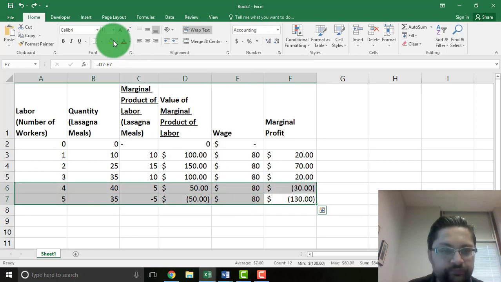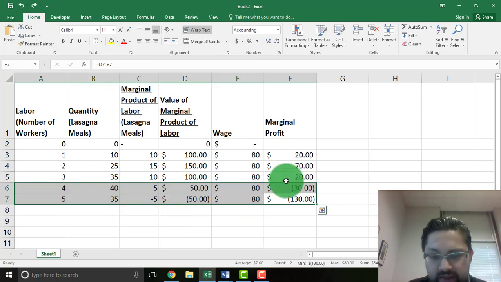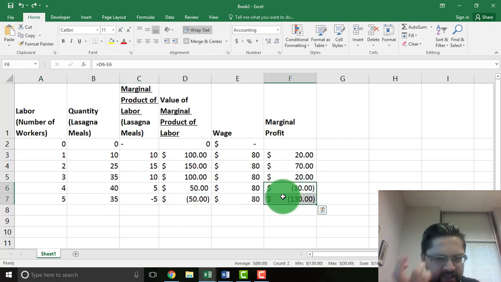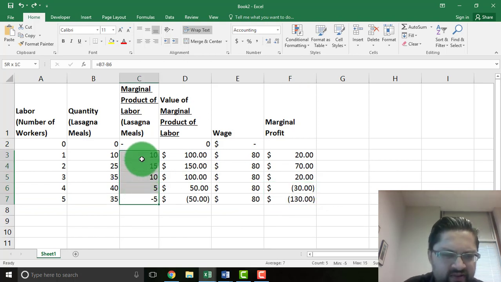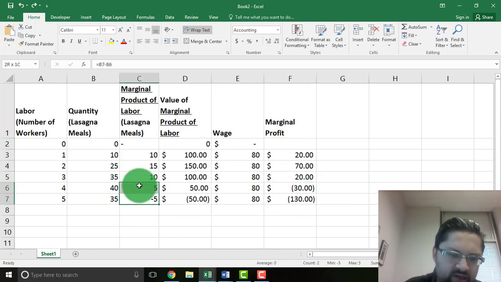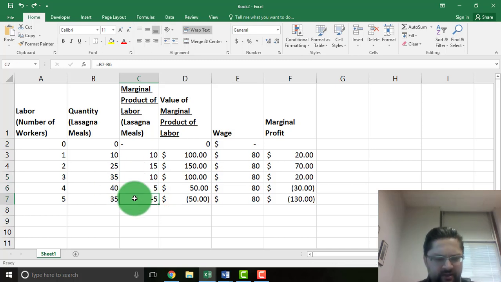They'd be gone. The reason is these 2 numbers are negative. So Chapter 18 cares about marginal profit. Chapter 13 cares about a positive number here in marginal product of labor. So yes, even though these numbers are decreasing in their rate of momentum, okay, sounds like a physics class here, they're still positive. So they would still have a job. But this one here, it's a negative number, they would not have a job.